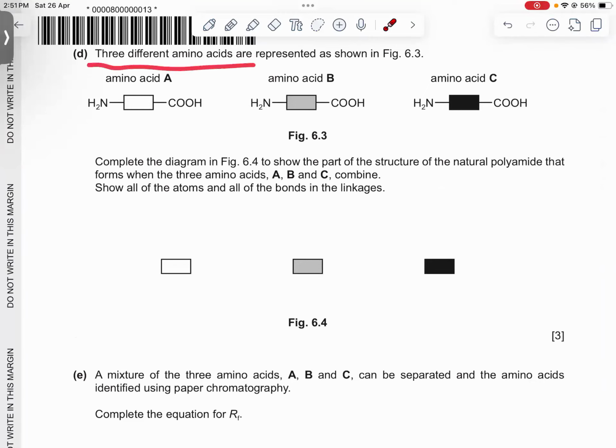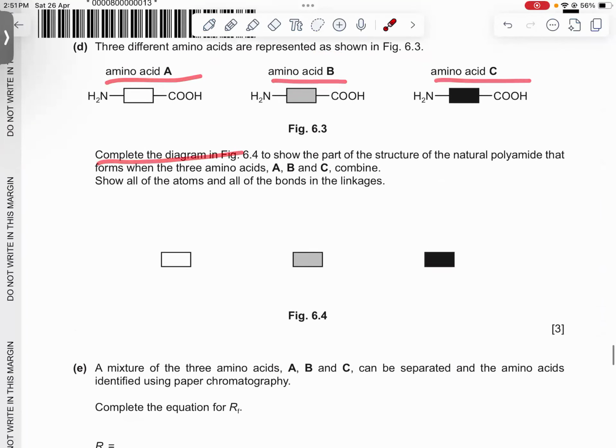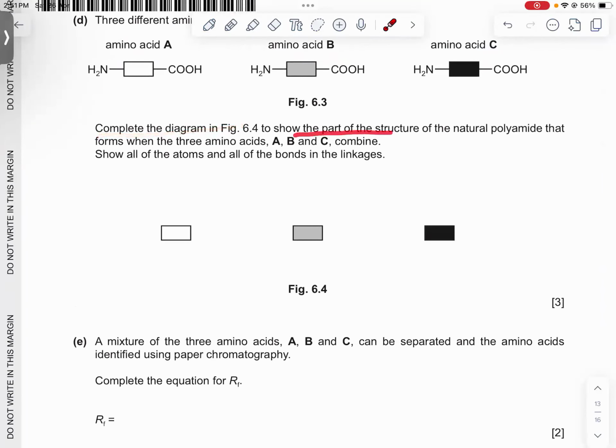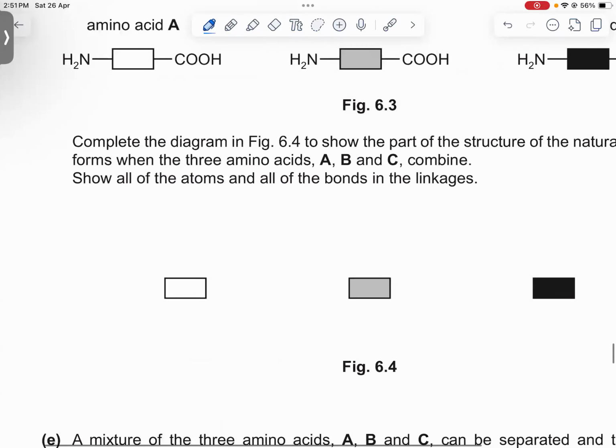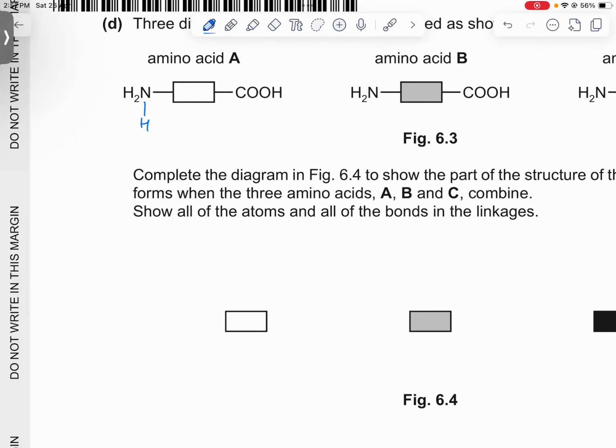Next question. Three different amino acids are represented as shown in figure 6.3. Amino acid A, B, and C. Complete the diagram in figure 6.1 to show the part of a structure of natural polyamide that forms when the three amino acids A, B, and C combine. Show all the atoms and all the bonds in the linkages. Amino acid A, well, it has nitrogen, but the nitrogen has a hydrogen over here and a hydrogen over here. This hydrogen goes, right?